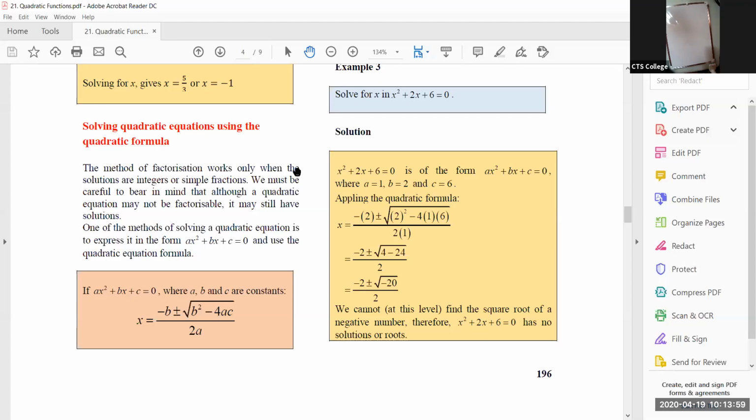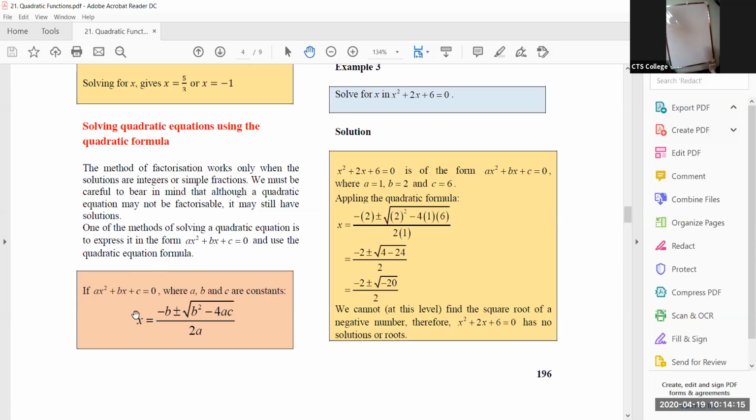Let's just start with what we are given in this brownish looking box here. If we are given a quadratic, and remember quadratics have the form ax squared plus bx plus c, and of course it becomes an equation when it is equal to 0. And it's telling us that a, b, and c are constants.